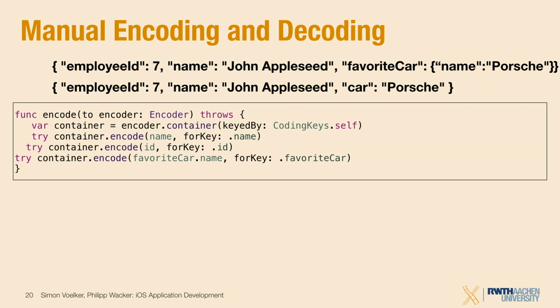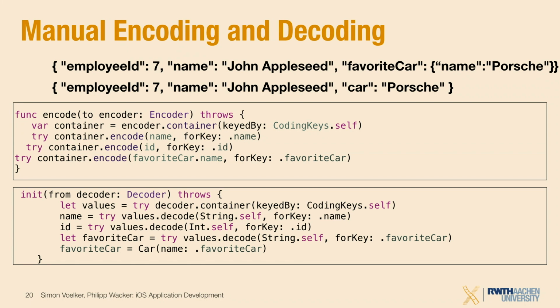So basically, the container name should be encoded for the key name, which is defined in the coding keys, and this is also done for the ID, which checks the coding keys. Then in the last one, we say that the favorite car should not be encoded as its own structure, but as your favorite car ID in this case. So it takes the structure away, and then it decodes in the same way.